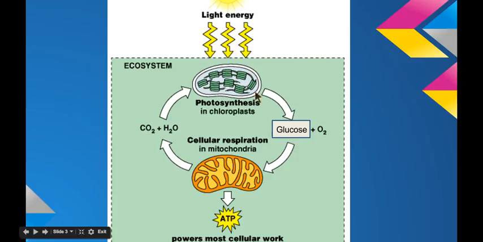As you can see, photosynthesis produces glucose and oxygen. They combine in the mitochondria to form ATP, that energy, and the products, carbon dioxide and water, which are then used as the reactants of photosynthesis. So all of these materials cycle through the chloroplasts and the mitochondria in plants.